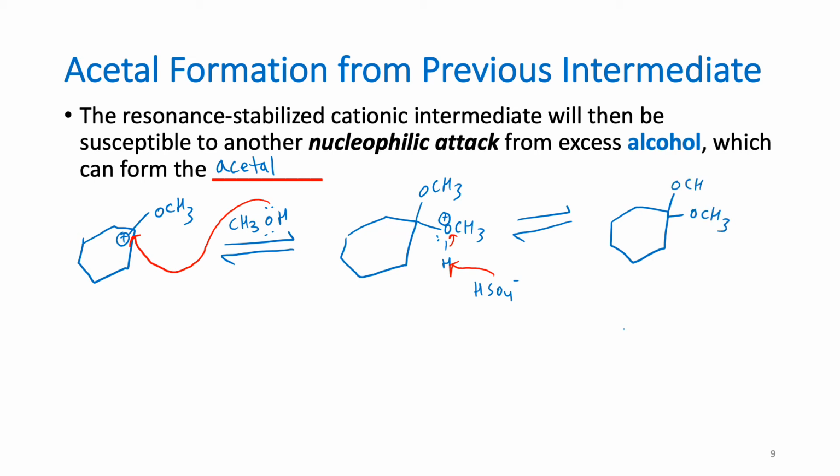And you reformed your sulfuric acid, which is your catalyst to begin the mechanism once again. And so hopefully you can notice that this is an acetal, and that this carbon that I'm bulleting right there has two O's attached to it, and both of those O's are an OR group.